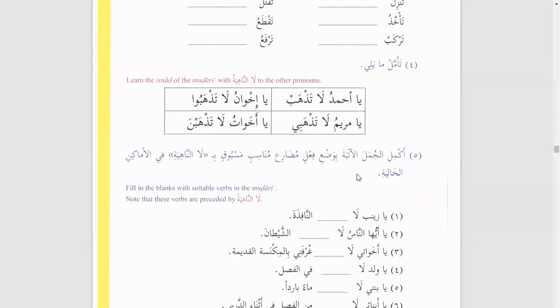Al-jumal al-atiyata بوضع فعل مضارع مناسب مسبوق.